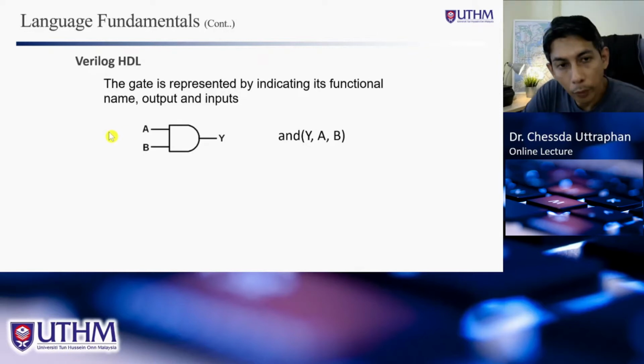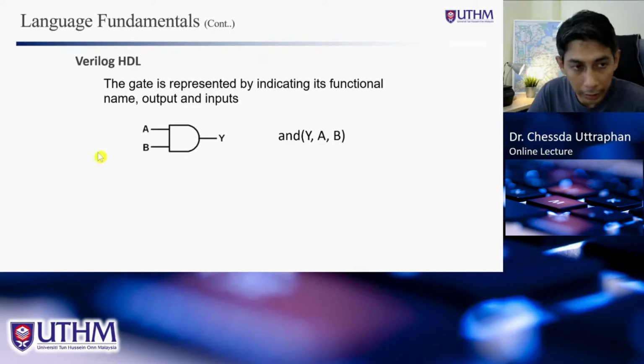So in Verilog HDL, the gate is represented by indicating its functional name, input, and output. This is one of the ways in using Verilog where we can describe our logic gates. These are the logic gates that you were introduced to before in digital electronics.